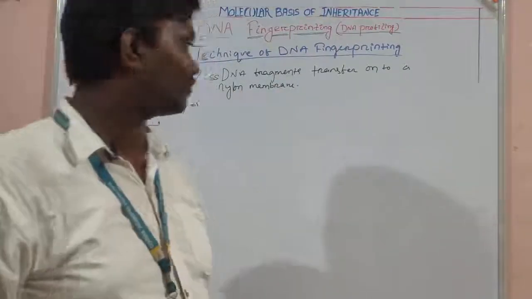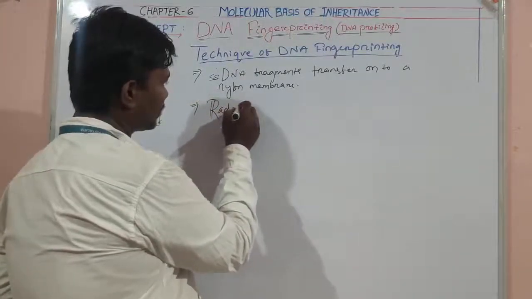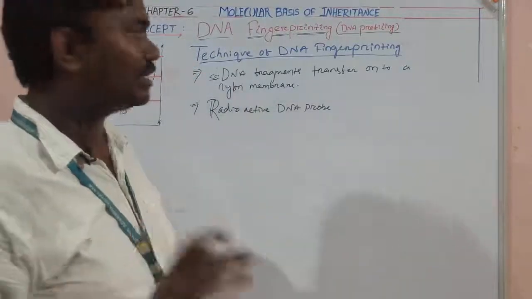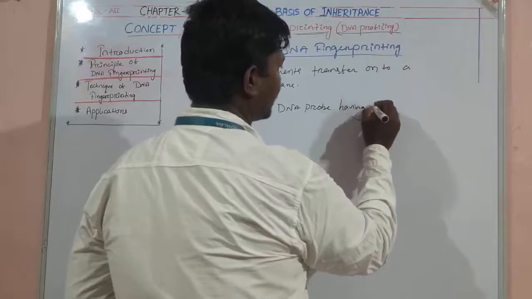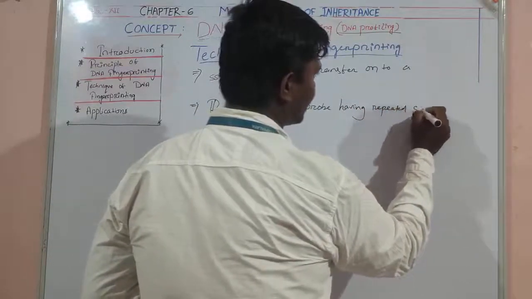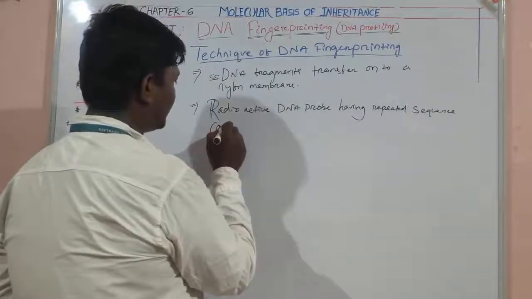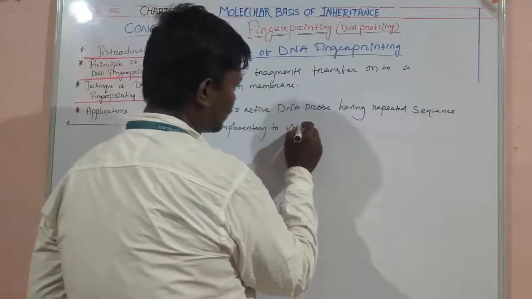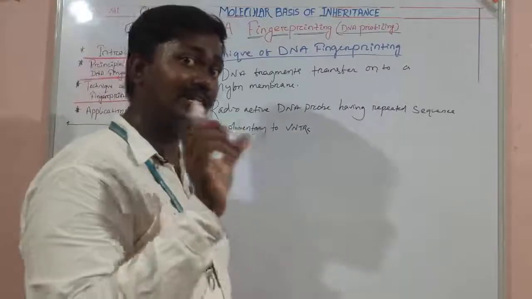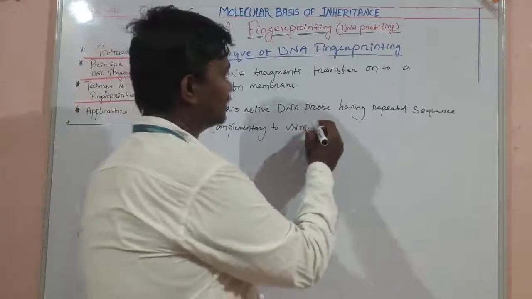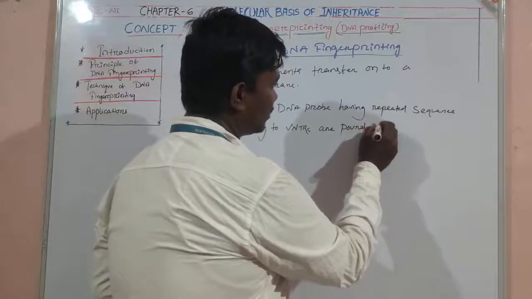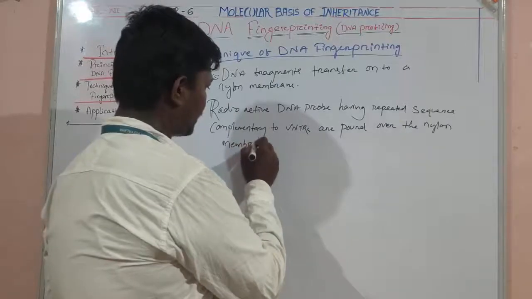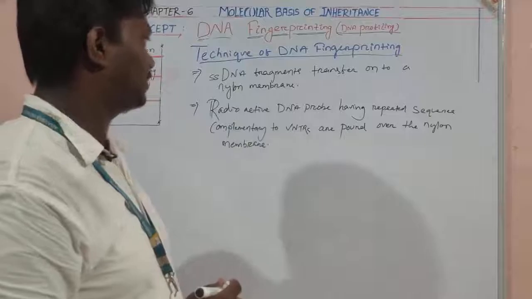Then a radioactive DNA probe having a repeated sequence complementary to the VNTRs present in the single-stranded DNA fragment is poured over the nylon membrane.